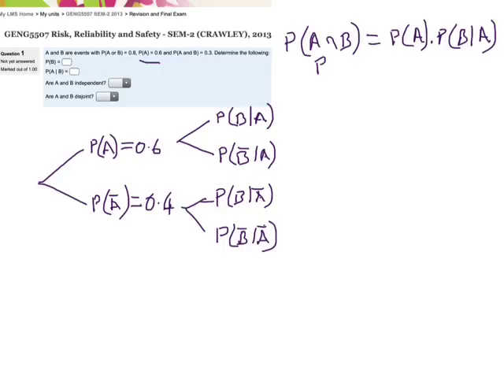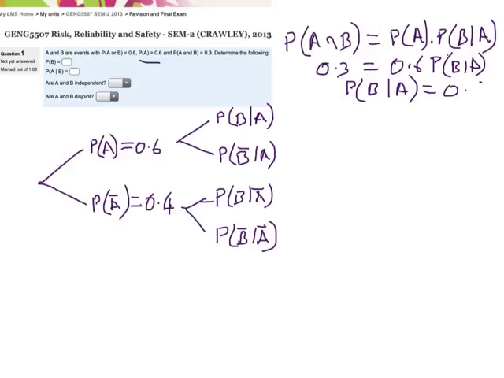Let's put in some numbers first because that might be easier to see. So the probability of A and B, 0.3, equals the probability of A, 0.6, times the probability of B given A. So the probability of B given A has got to be equal to 0.3 over 0.6, which is equal to 0.5.